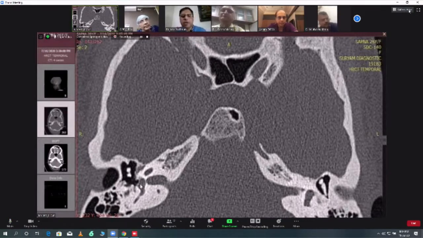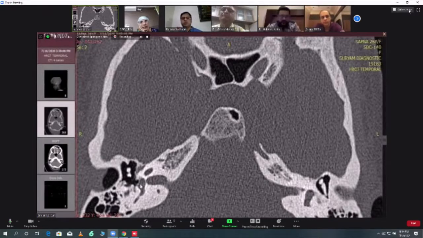Suppose 0.5 mm cuts are not available at some places, then minimum cut. Then you will miss a lot of things. If you want to see the oval window and stapes, and that is missed in larger cuts, then what is the fun? Third thing by default: CT scan, titanium piston and laser.